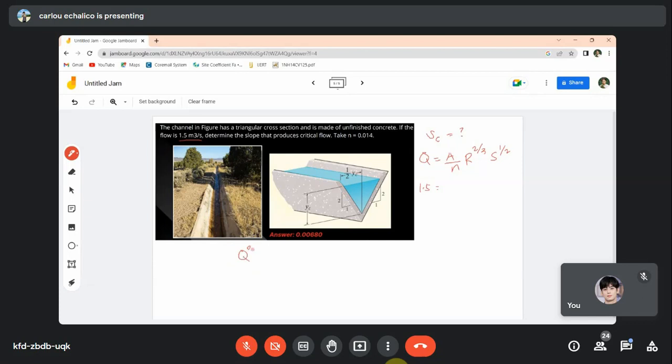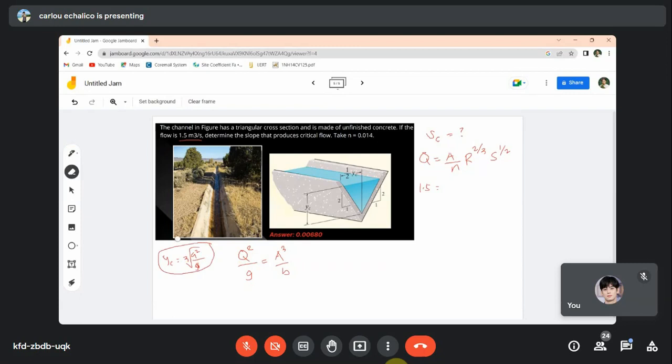Sa gitong formula, Q squared over G is equals to area cube over the B. Nana siya mnemonics, nakalimot lang ko sa mnemonics. Itong YC for rectangular is cube root of Q squared over G, yan siya na formula sa rectangular.